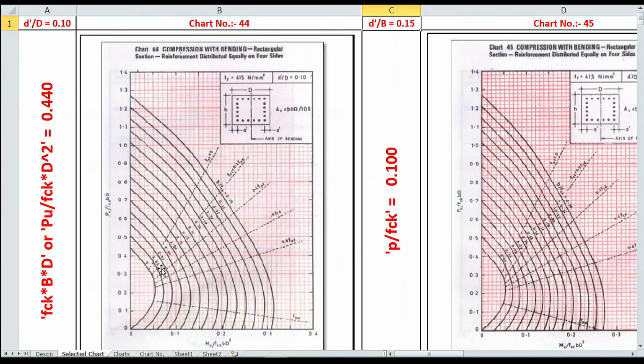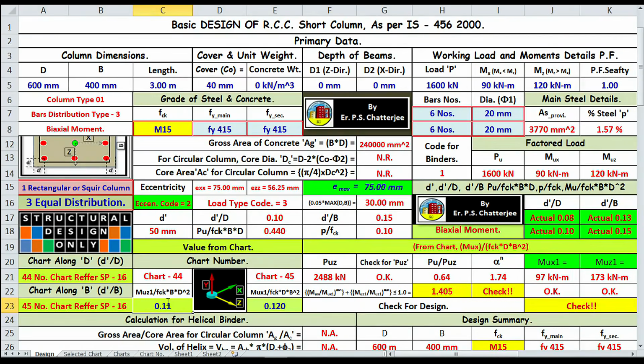This is 468.1 here, 0.1 and 4.4, that is 1.0, sorry, 0.12, 468.1, this is 0.11. Our design is okay.